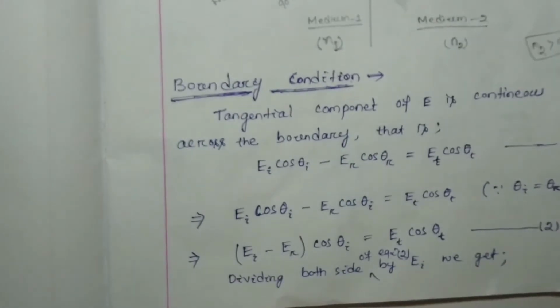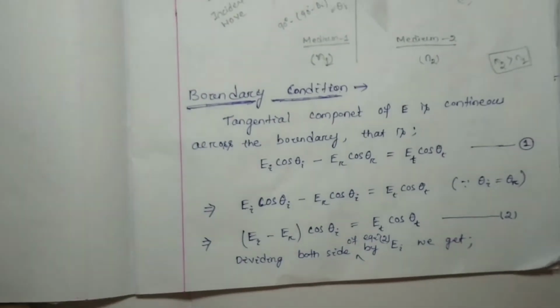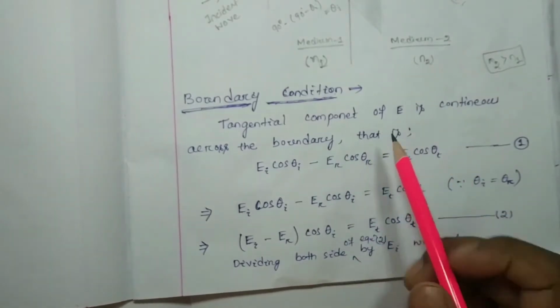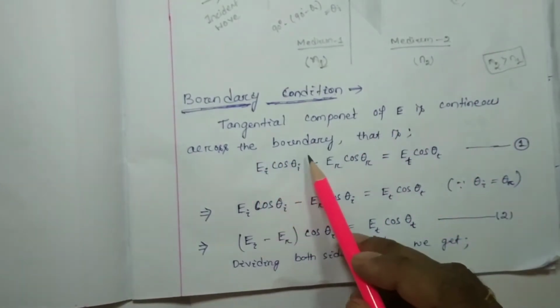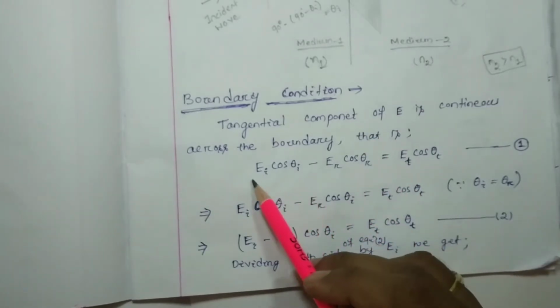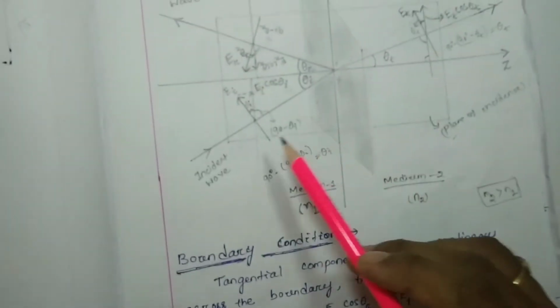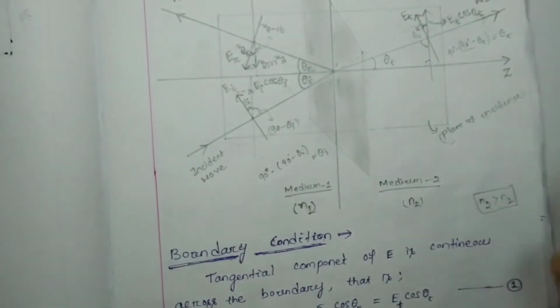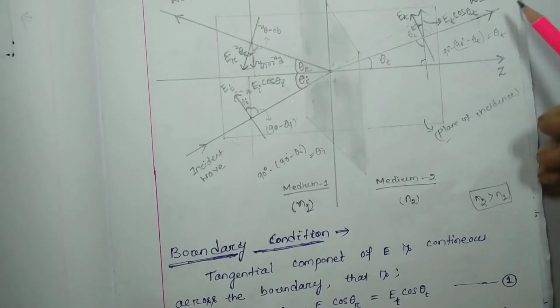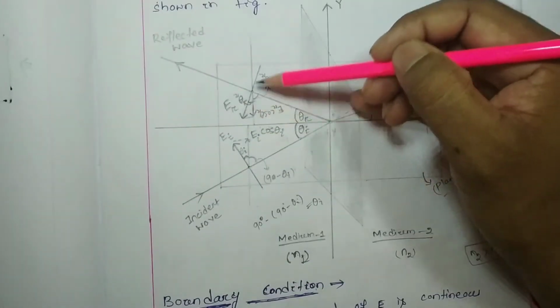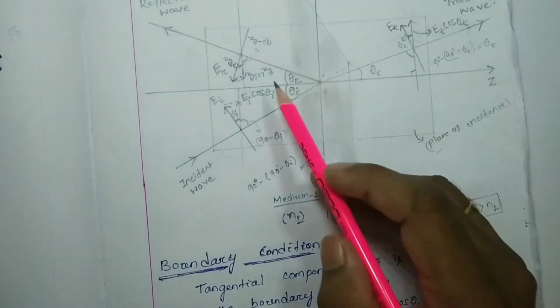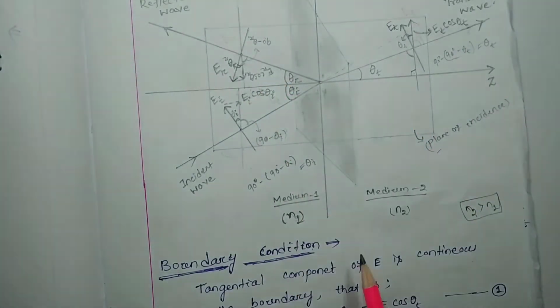The tangential component of the incident electromagnetic wave, here we are considering the electric field only. The tangential component of the electric field for the incident case is EI cos theta I. So EI cos theta I is the tangential component of the incident electric field, and the tangential component of the reflected electric field is minus ER cos theta r.